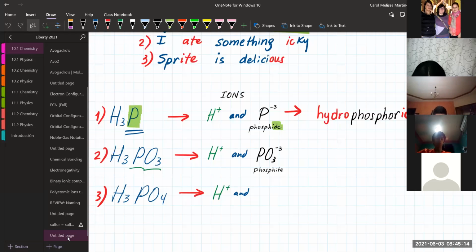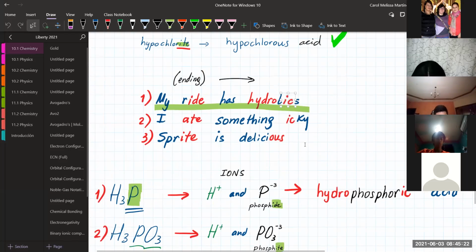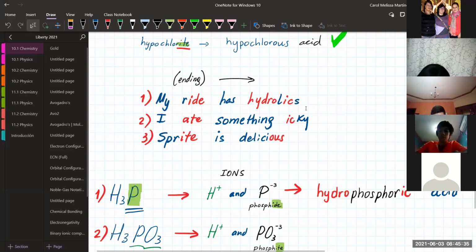So take a look here. The ion ends in ITE. What rule should I follow? My ride has hydraulics, I ate something icky, or Sprite is delicious? Sprite is delicious, okay? So we need to follow rule number 3.